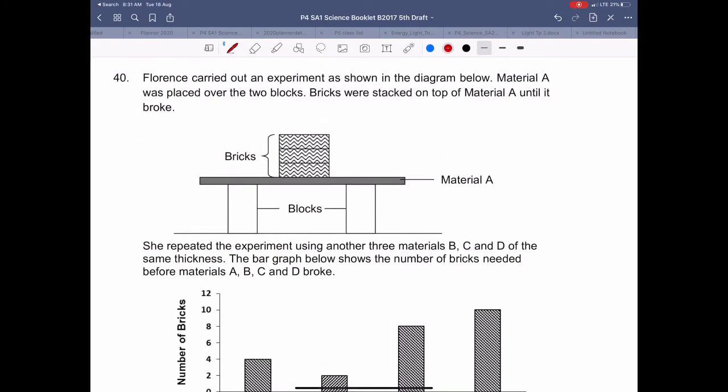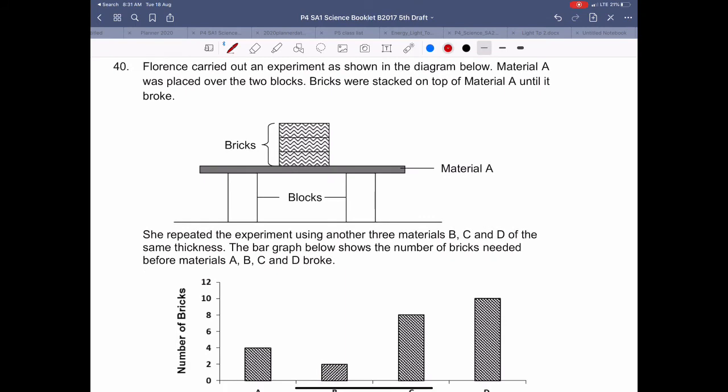Okay, question 40. Now, materials question. Straight away, I look at it, I know it's a materials question. Why? Based on experience already. Remember, I know I'm very naggy: identify the topic. Identify what concept they are trying to test you on.